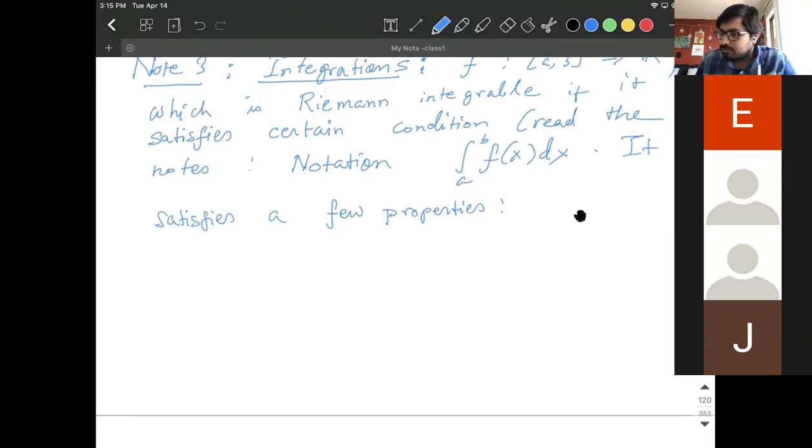For example, if you take the sum of two Riemann integrable functions, is note 3 uploaded on eCampus? Exactly, it's uploaded. I think it's called VC3, if I'm not wrong. Let's see.